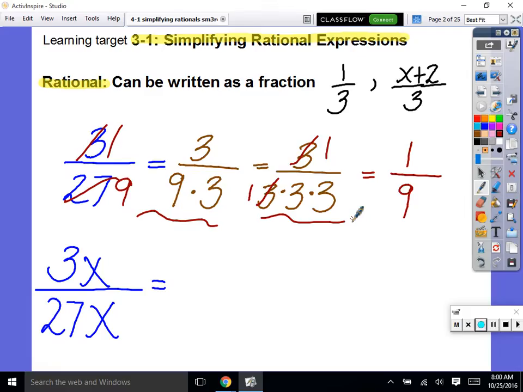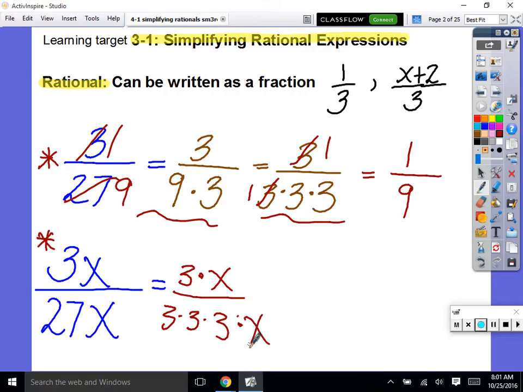So if we saw something like this, this is a rational expression because it has an x. Let's factor this. On top, we have 3 times x. That's not connected by anything other than multiplication, right, everybody? And then on bottom, we just did this. 27 is 3 times 3 times 3, correct? And then we have times x.